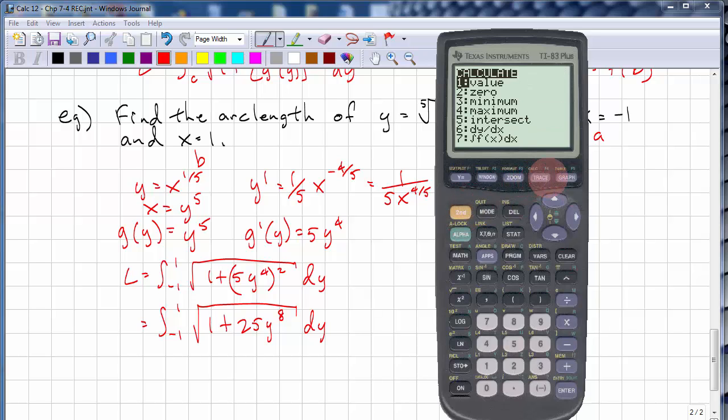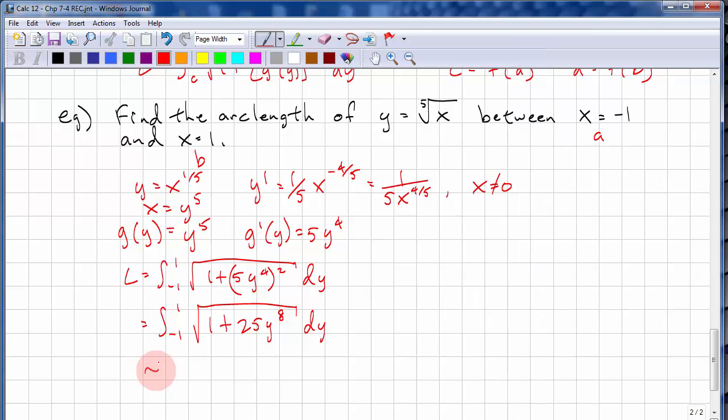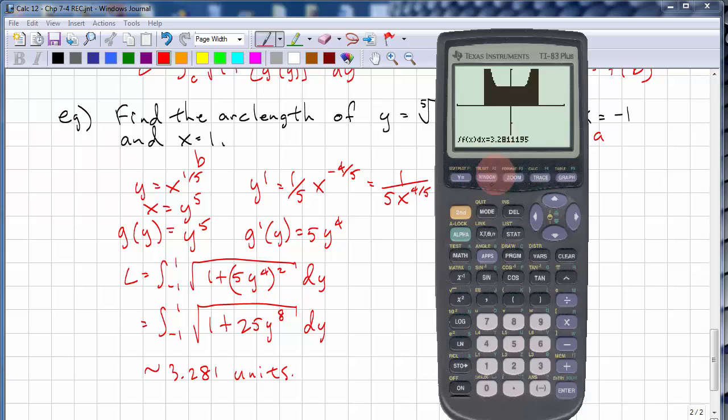And now we calculate this integral from negative 1 to 1. And we get an approximate value, 3.281 units. And just so that you're clear, the window for this is -2 to 2, -2 to 2. And that completes this lesson.